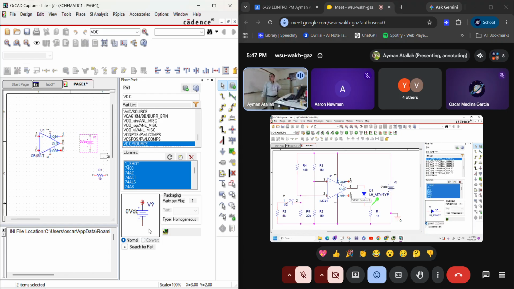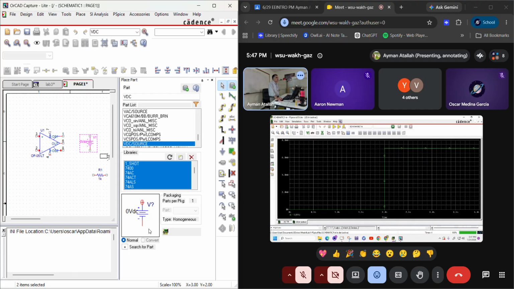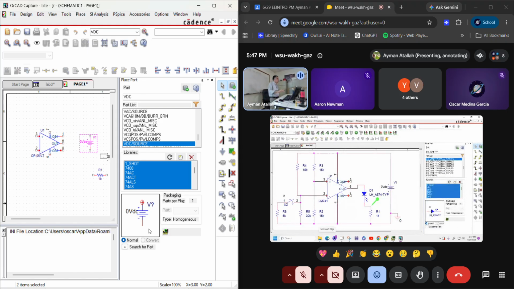So everybody is able to get this chart here. Like no voltage, then there is a voltage, or there is current, and then no current. Yes. Okay.